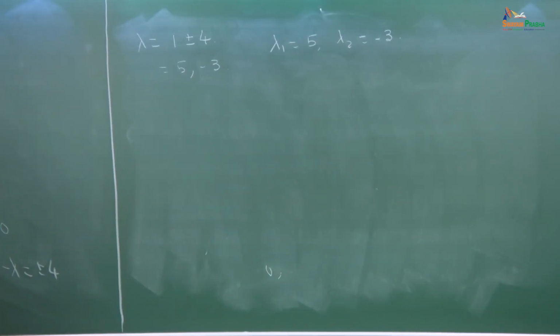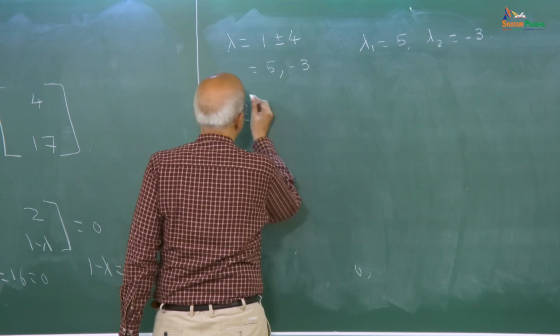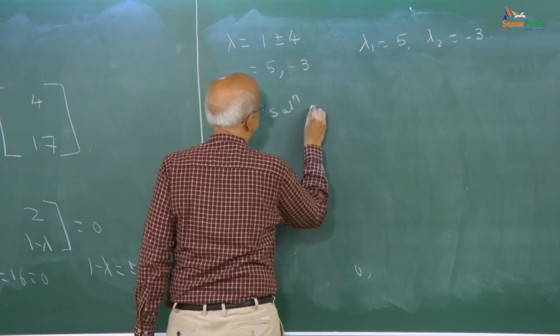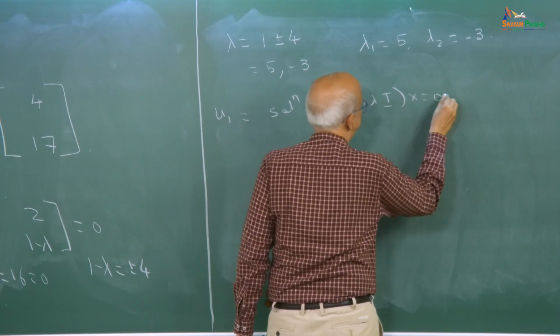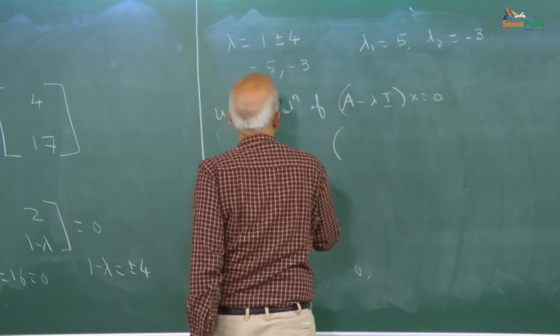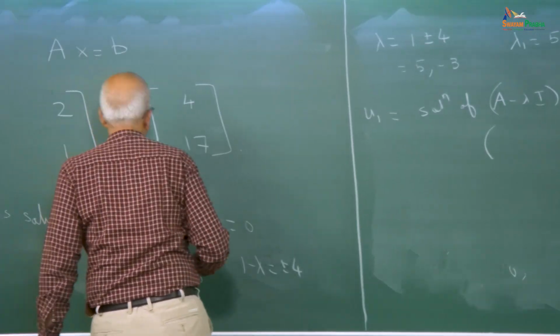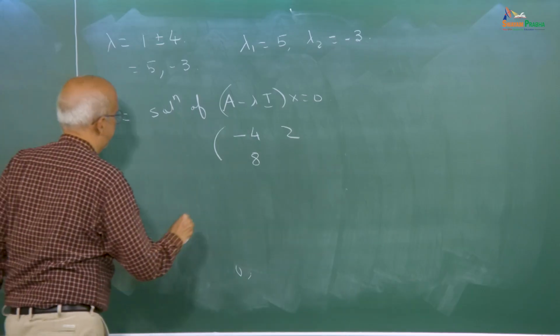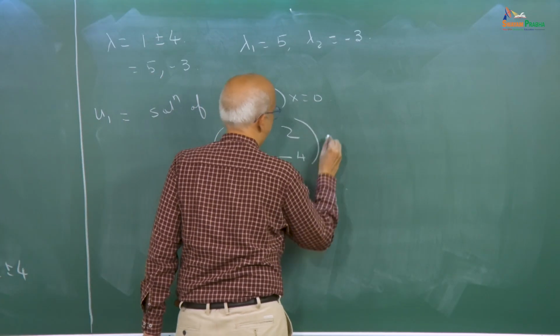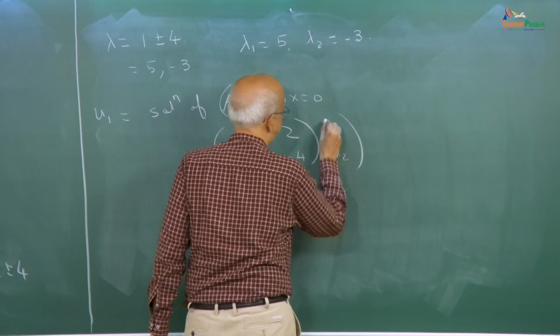Corresponding to lambda 1, I want to find the eigenvector. Eigenvalues are done, now eigenvectors. So, what is u1? u1 will be the solution of (A minus lambda I) x equal to 0, where lambda is 5. So, I am subtracting 5: the matrix is minus 4, 2, 8, minus 4, times x1, x2, equal to 0.